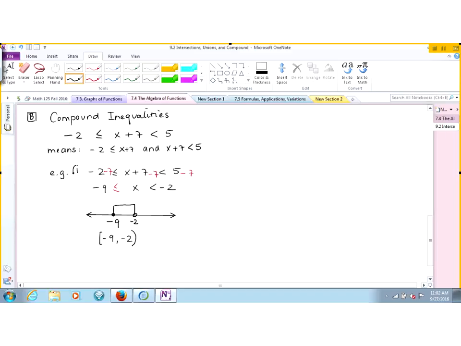Right? Okay, do you have to split it up? No, because you only have x on one side. Yeah? But if you have x on several sides, you have to split it up.